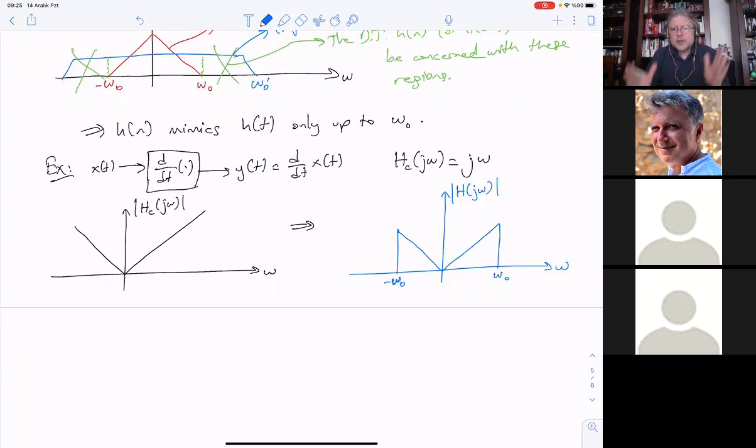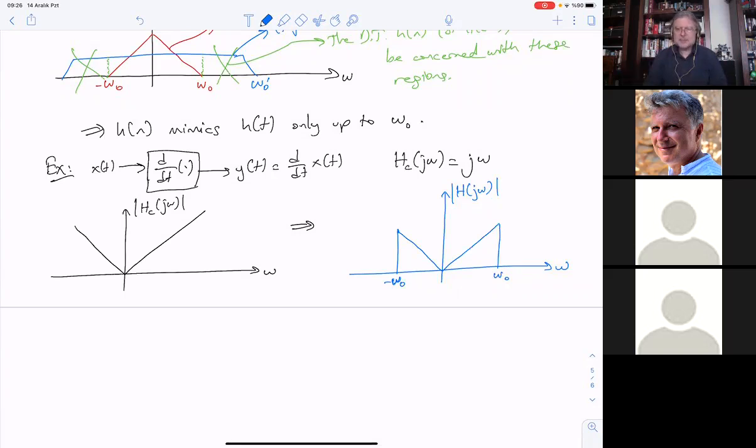From minus omega 0 to omega 0, the 45 degrees, and then abruptly they stop. Of course, it doesn't have to be like this in continuous time. In continuous time, it could be just the derivative operator, but since the input is bounded between omega 0 and minus omega 0, we don't really have any opportunity to apply anything beyond omega 0 from the H(j omega) region. So I'm assuming that this is the equivalent system.